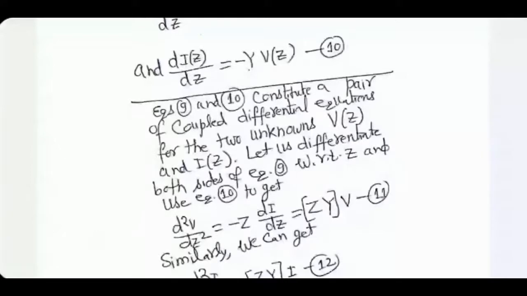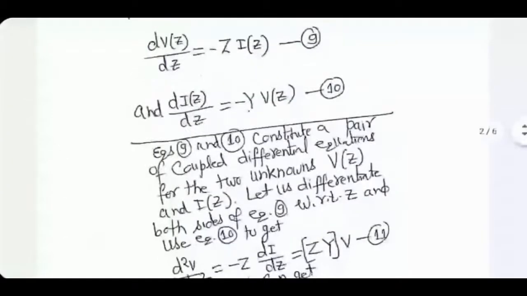As a result, I get an equation which is purely for v. d2v by dz square turns out to be zy multiplied by v. And a similar exercise can be done for the other equation also.